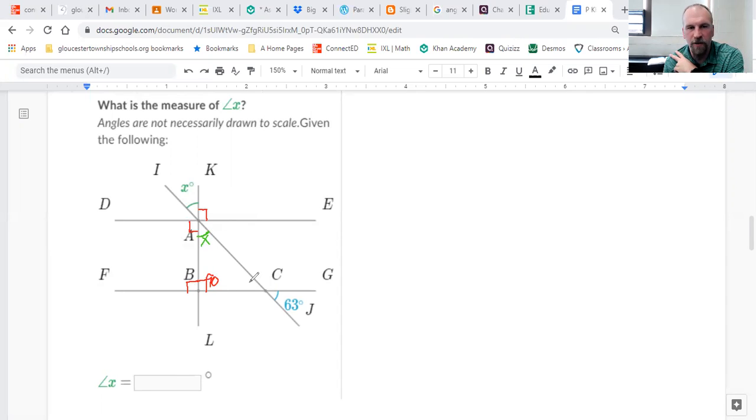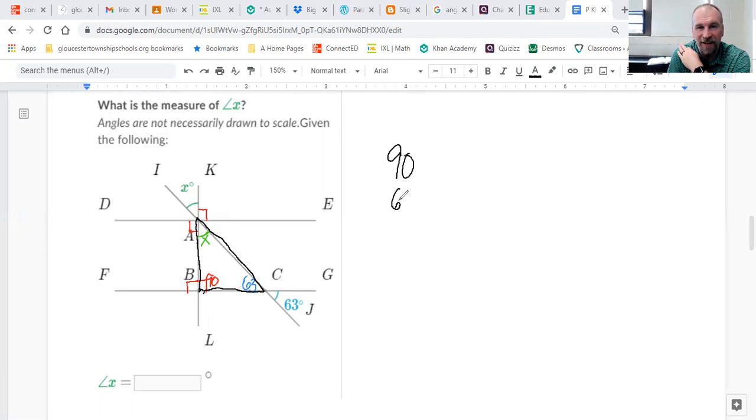And I have a blank angle here, but that's vertical to this one. So this 63 is vertical to that one. So I'm going to transfer this 63 across the vertical to right there. And now I got myself a pretty simple problem from there because I have a triangle on the inside. See my triangle right here? Boom, boom, and boom.